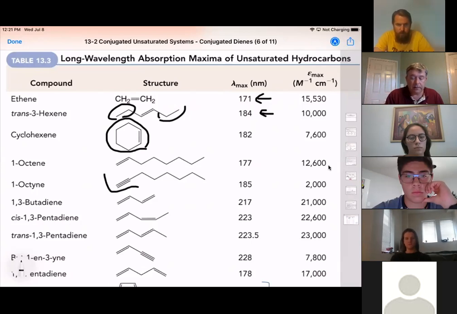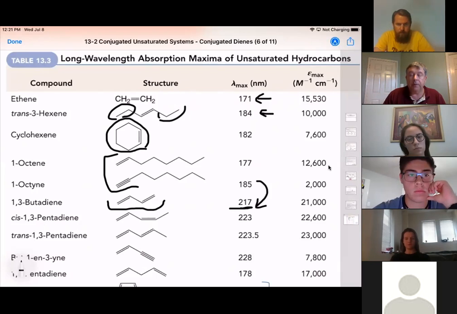Notice the alkynes and the terminal alkenes are also just barely absorbing in that UV range because they are isolated by themselves, okay? Our first and simplest conjugated diene, which is the butadiene right here, is absorbing well away, almost 30 to 35 nanometers away.